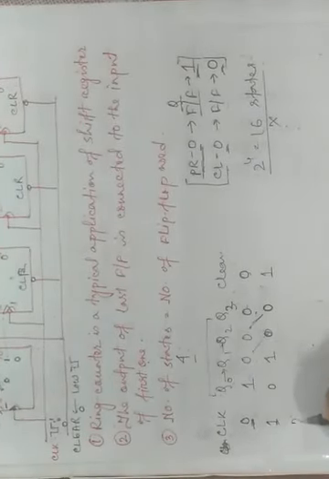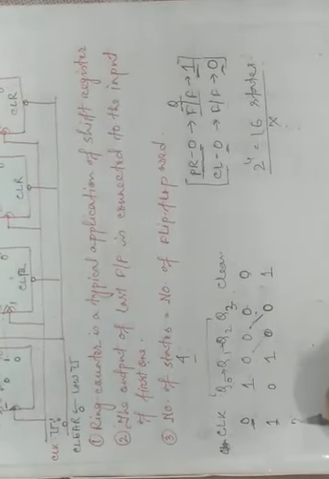Again for the next clock pulse, Q3 goes to Q0, that means it goes 0. Q0 goes to Q1, so Q1 becomes 0. Q1 goes to Q2, it is 0. Q2 value goes to Q3, so it becomes 1.